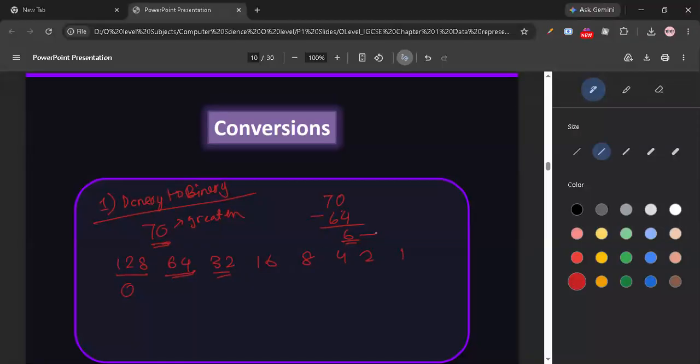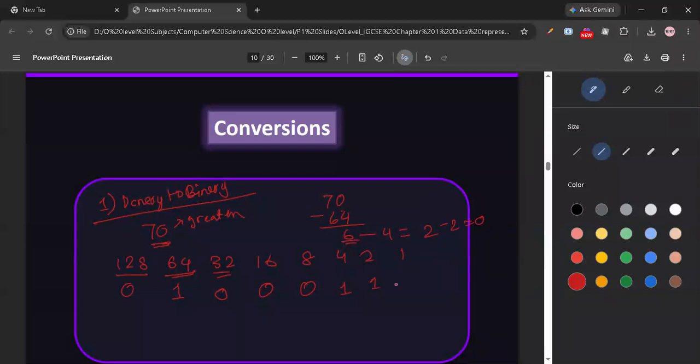No, 32 is bigger, so we put 0. We put 1 for 64 because it was subtracted. 16 and 8 cannot be subtracted, so we put 0. 4 can be subtracted because 6 is greater than 4, so we put 1, and 6 minus 4 gives 2. Then 2 minus 2 is also subtracted, so 1, and 2 minus 2 is 0.